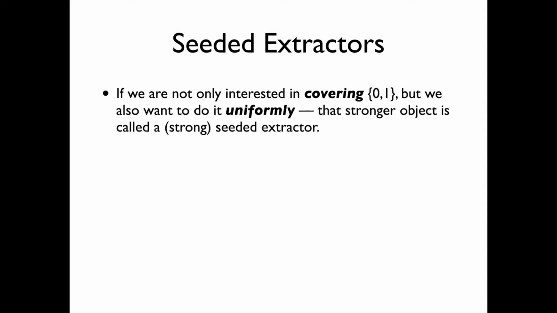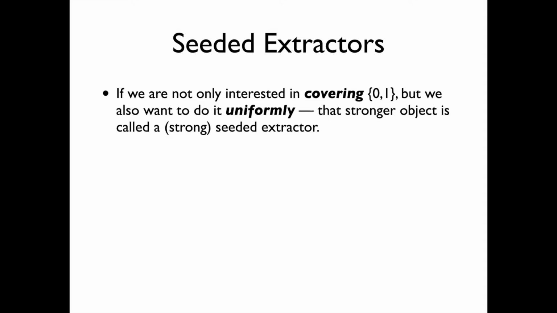For those of you who are familiar with seeded extractors, let's see how the two objects compare. In a seeded disperser, we are interested in covering, meaning up to some error epsilon of elements that we completely miss, we cover all the codomain, right?